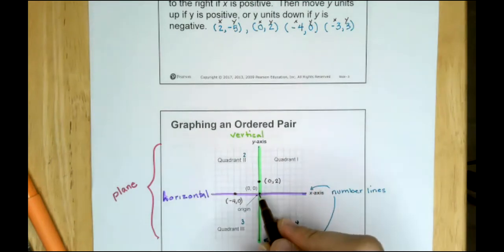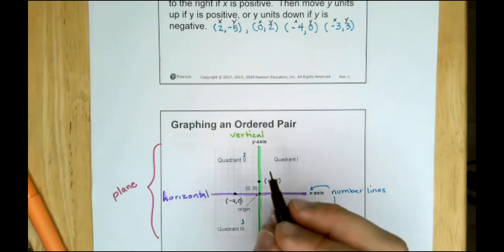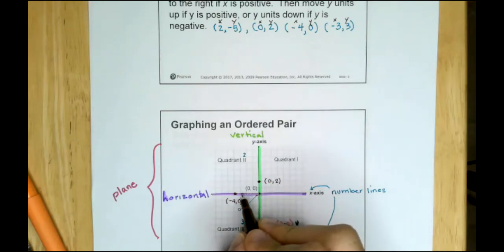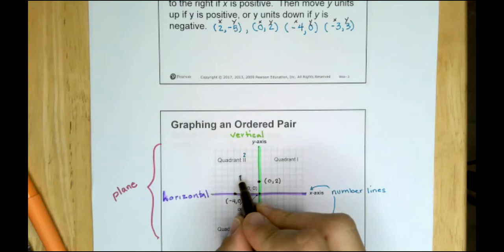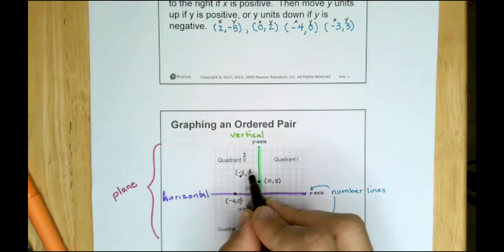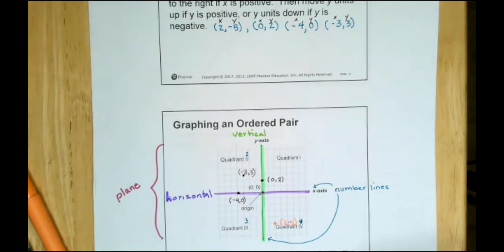And then x is -3, y is 3. 1, 2, 3. (-3, 3). Okay, so that's how I plot points.